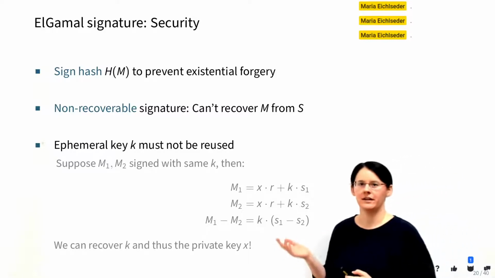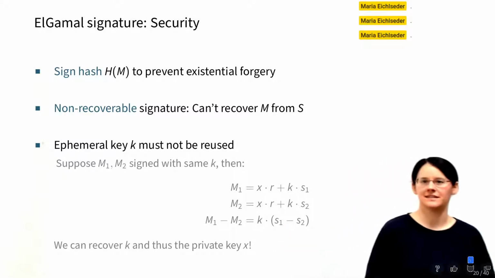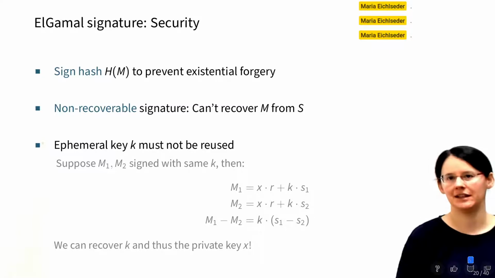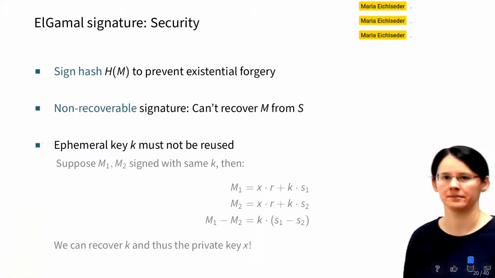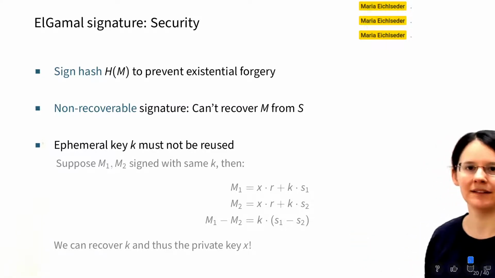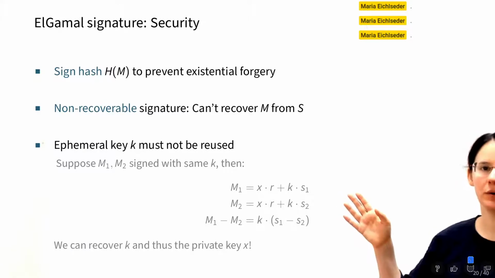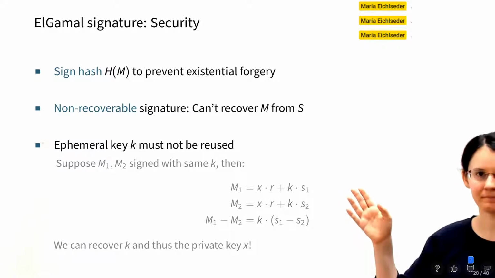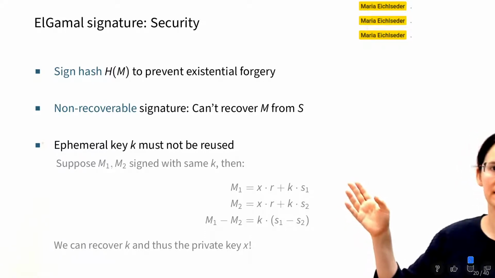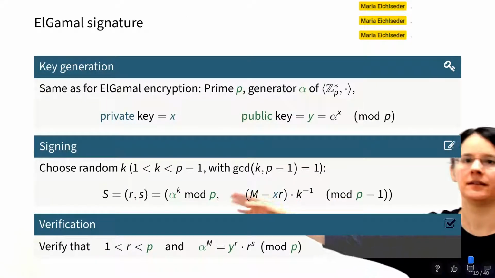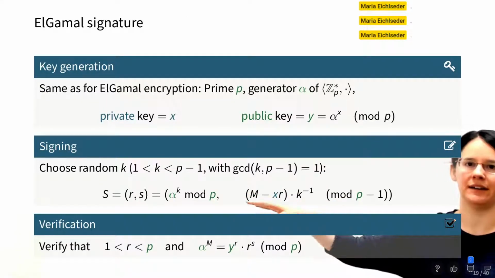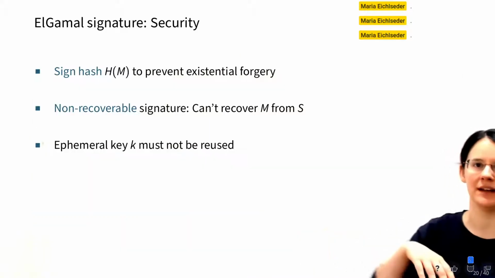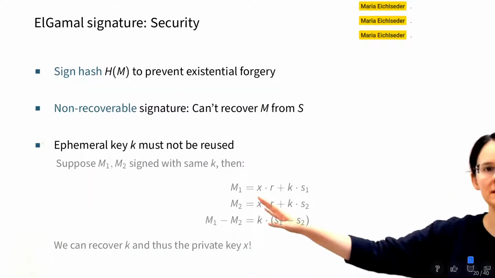What would happen if somebody reused the same temporary private key to sign two messages? If we look at the exponents in the previous formula, and rewrite this definition a little bit, bringing k to the other side and adding x times r to the other side, what we would get is this.